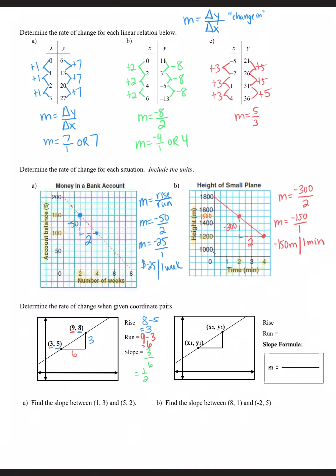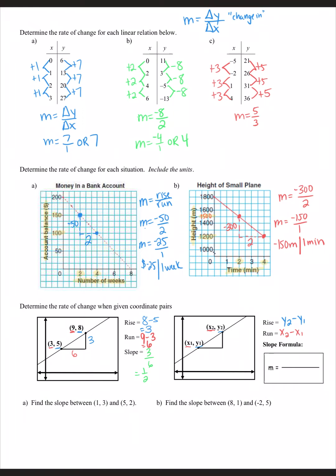Okay. So how could we simplify this into a formula? What did we do to figure out our rise? Well, we subtracted our two y values from each other. So we took y2 and subtracted y1. And then we did the same with our x values. We took x2 and subtracted x1.